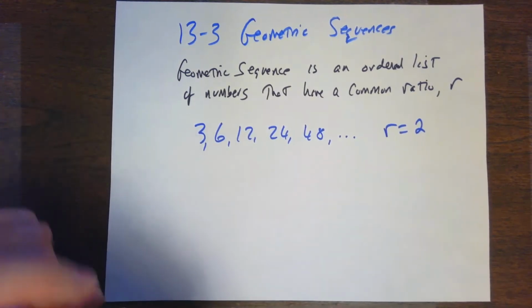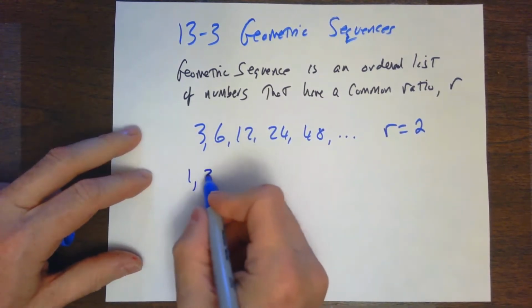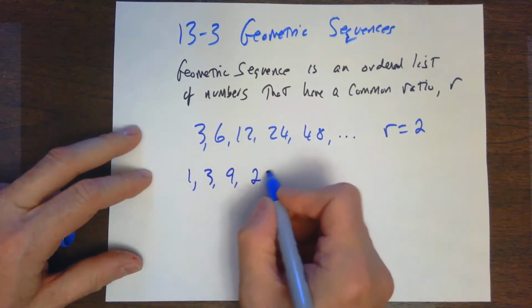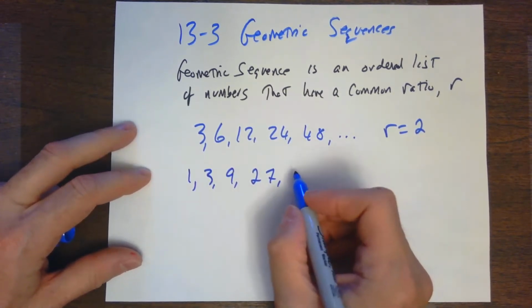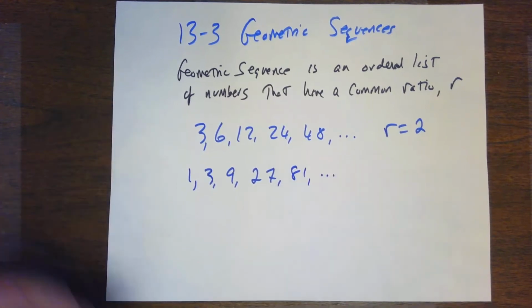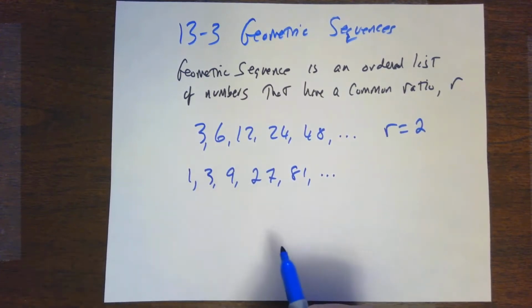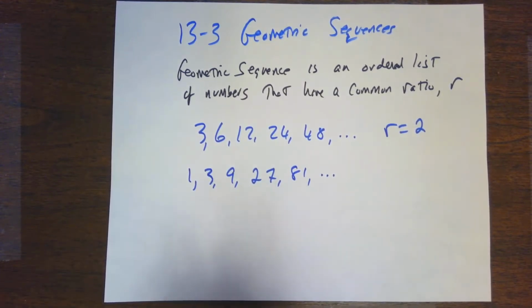How about if I had 1, 3, 9, 27, 81, and so on? What's the common ratio here? This is geometric. What's the common ratio? Now, sometimes finding the common ratio can be hard. So let me show you a trick.